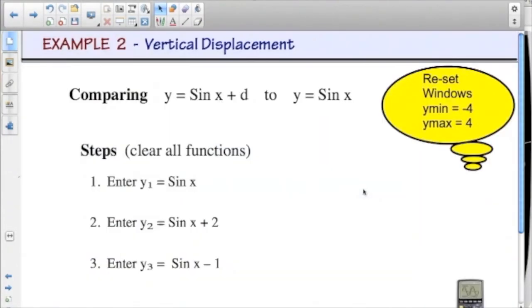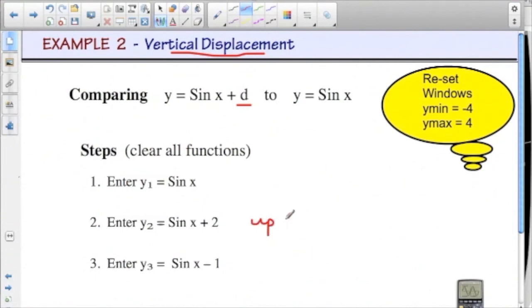Okay, next concept, example 2. We're going to talk about the vertical displacement, and that's your D here. It's going up and down, very similar to what we did in Learning Guide 1-2. So we have a sine function, that's a normal one, and if you look at the next one, we have one that is up 2.